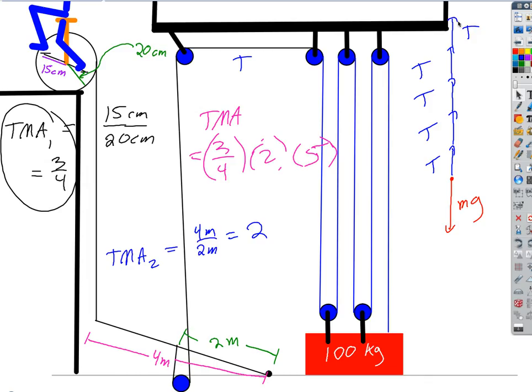So what's the theoretical mechanical advantage of this block and tackle? It's 5 to 1, because I have 5 segments supporting the load and only 1 segment coming into the block and tackle, right? So block and tackle is super easy to calculate theoretical mechanical advantage. Just count the segments, and that's it, right? So this one would be 5, right?